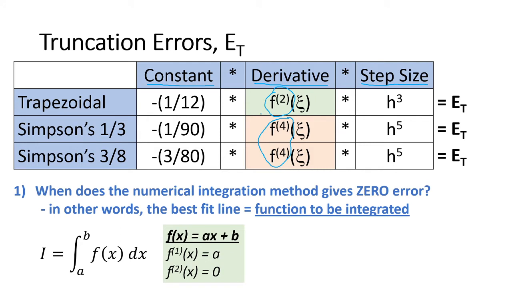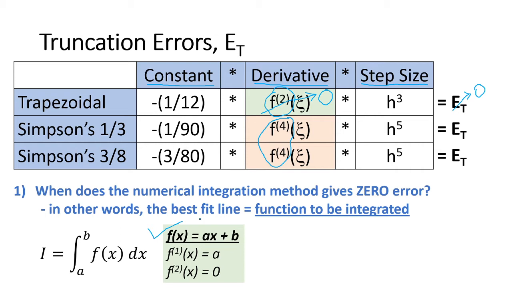So if the second order derivative is equal to zero, when we multiply these three terms, the truncation error will also be equal to zero. This simple calculation shows us that the trapezoidal rule is able to approximate the function to be integrated perfectly if the function to be integrated is a straight line.